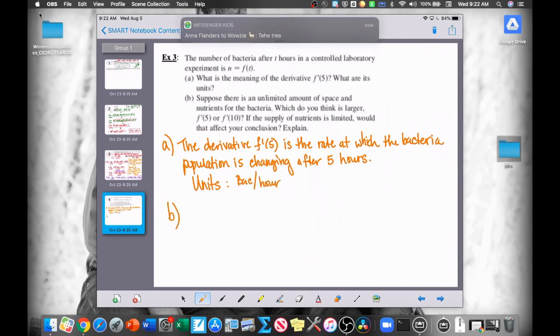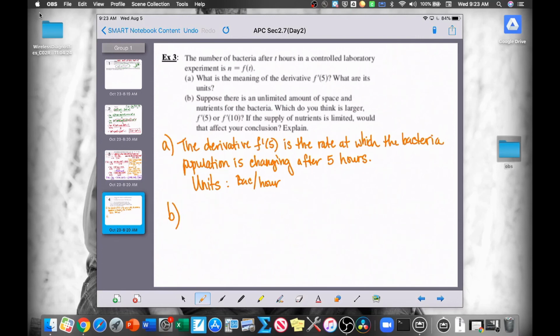And if you know anything about bacteria growth, you know that basically it's just going to keep growing and growing and growing. So part B says, suppose there is an unlimited amount of space and nutrients for the bacteria. Which do you think would be larger, f prime of 5 or f prime of 10?